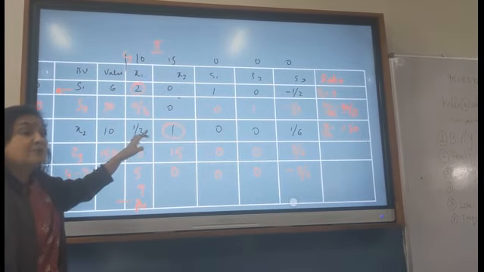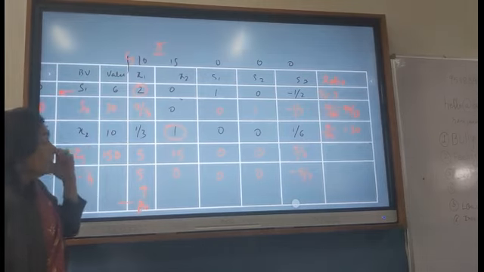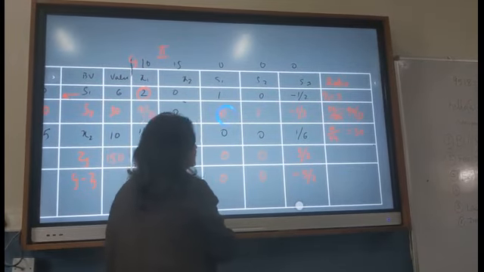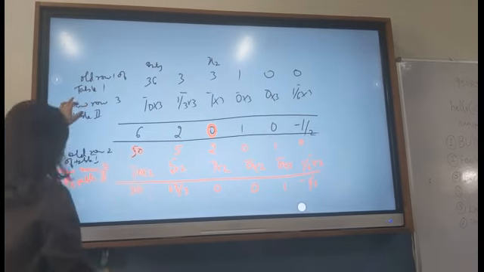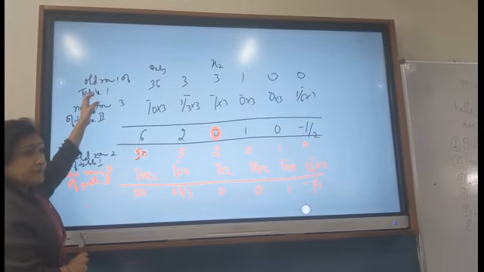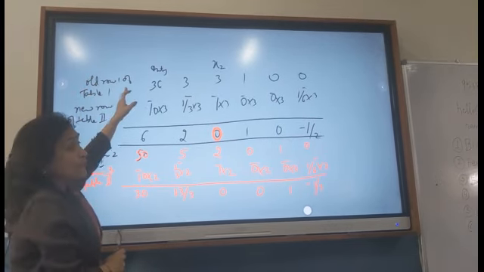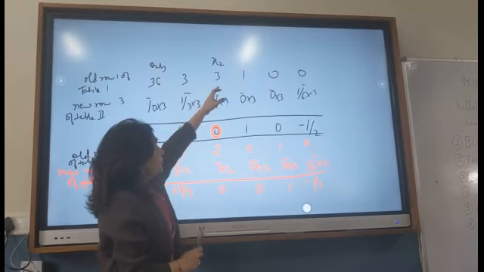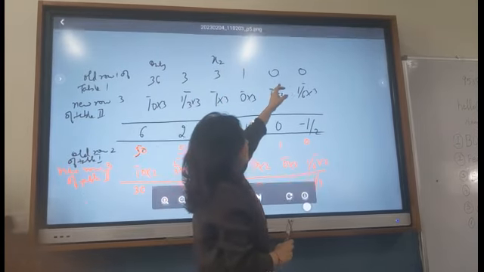That is what is important. Now, how do we get to the next rows? What I do is, I write down the old row 1 of table 1. What was the old row 1 of table 1? 36, 3, 3, 1, 0, 0.